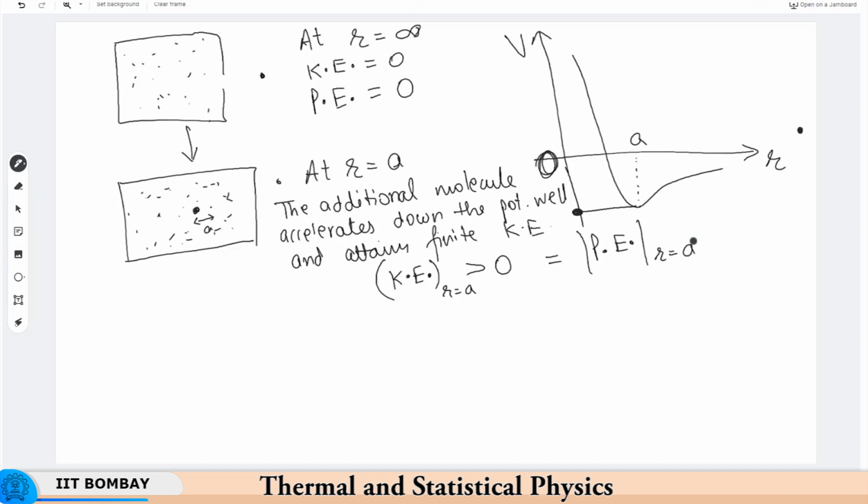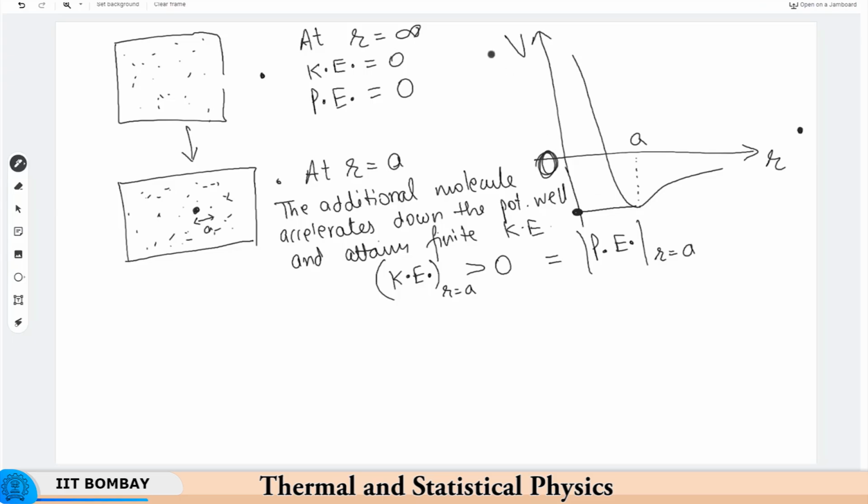If you keep on doing this process over and over again, adding more molecules to the system, the total kinetic energy of this system will increase, and therefore its internal energy will also increase. This is how you can make sense of how addition of molecules can increase the internal energy of the system.